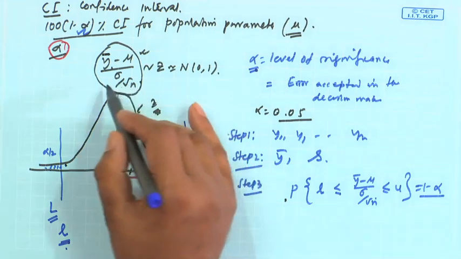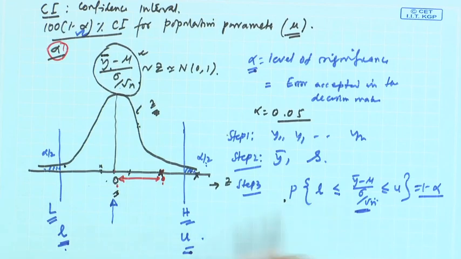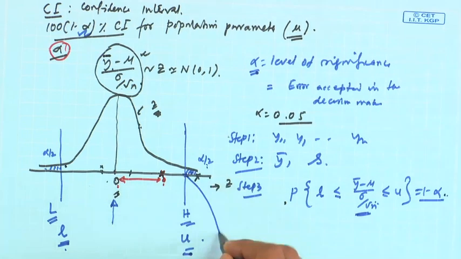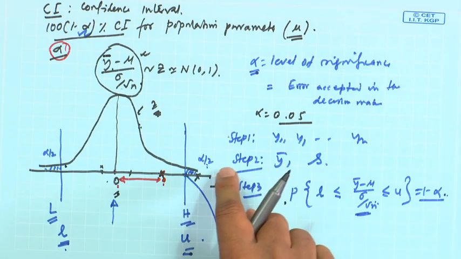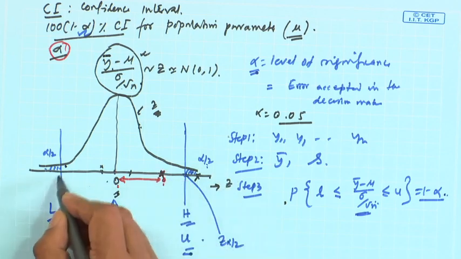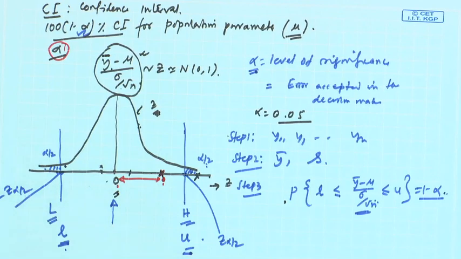Now, as this quantity follows the z distribution, and we all know that if alpha is given, this z value is z alpha by 2. Alpha by 2 is for the area under the curve to the right of this point. Similarly, this point will be minus z alpha by 2.